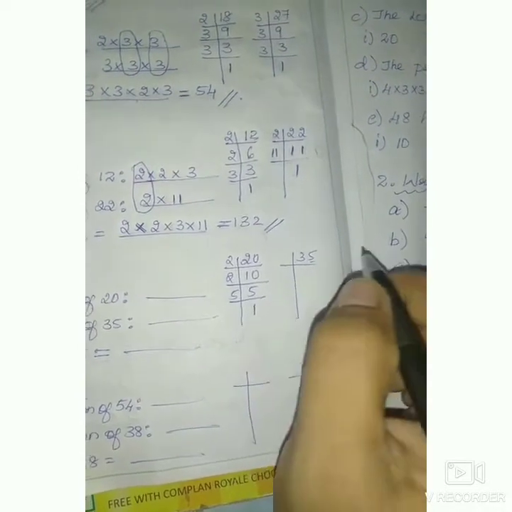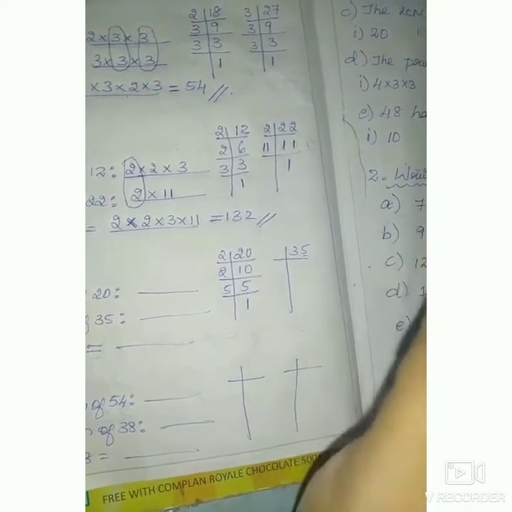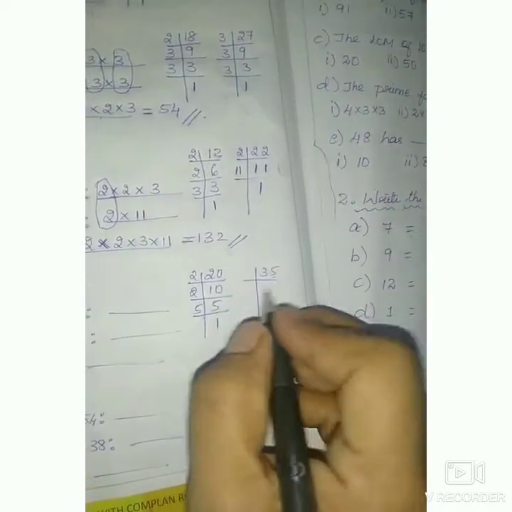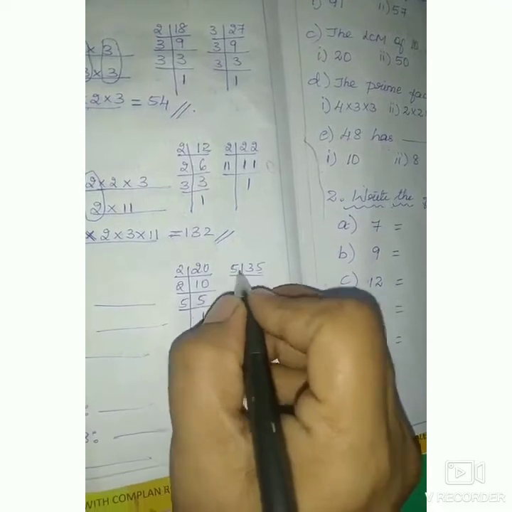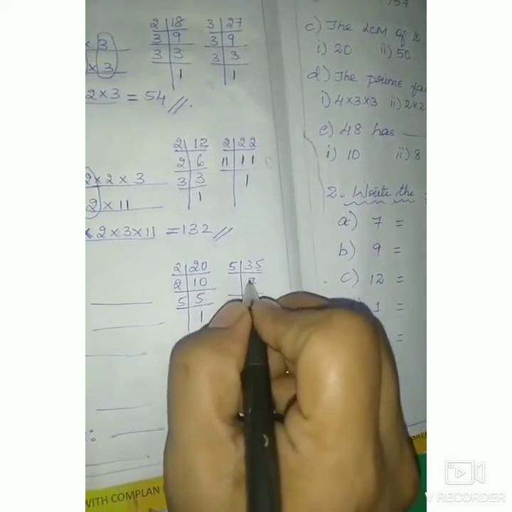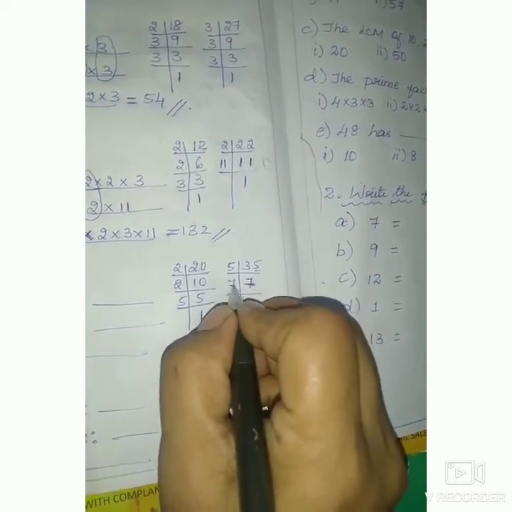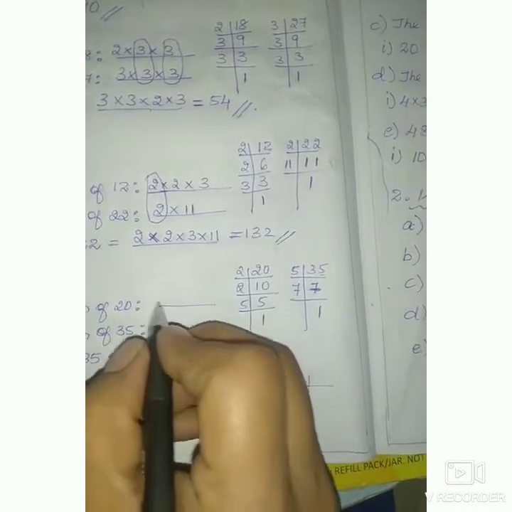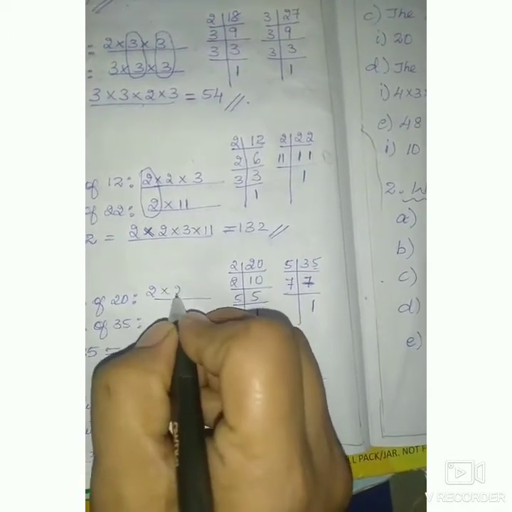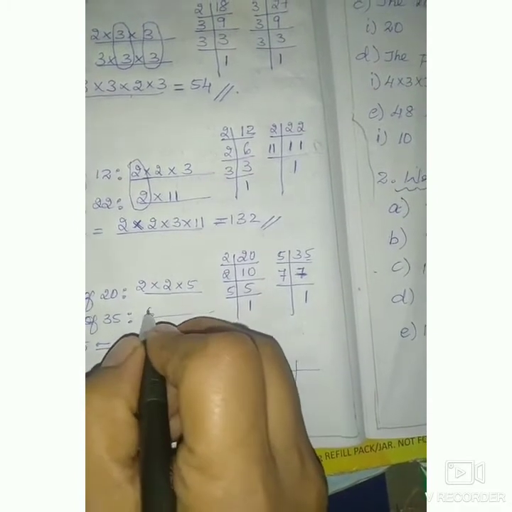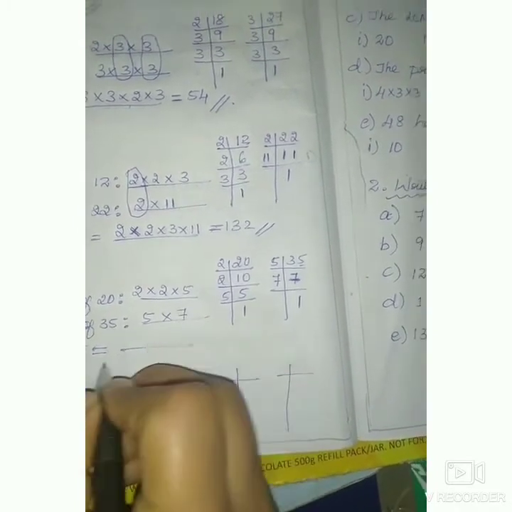So 5 comes only in 5 table or 3 table. So 35, no, 35 doesn't come in 3 table. So take 5 table. 5 sevens are 35. 7 is a prime number, children. So 1 and itself. So 7 ones are 7. Now the prime factorization of 20 is 2 multiplied by 2 multiplied by 5. The prime factorization of 35 is 5 sevens are 35.